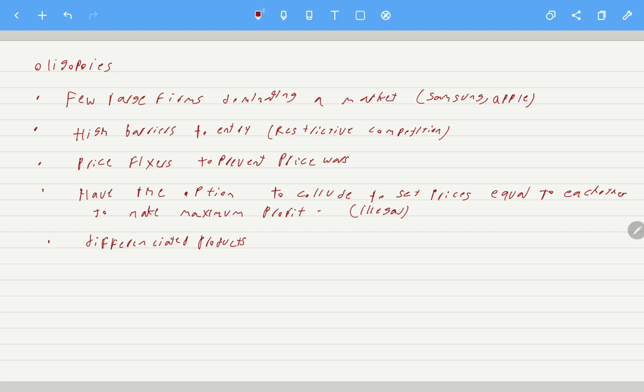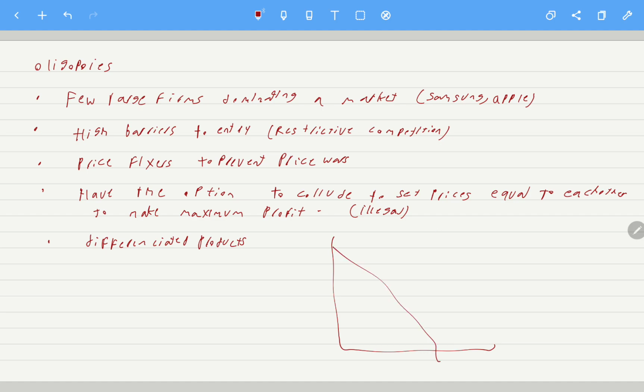Now, in the long run, I think these are zero economic profit. Again, yes, they are zero economic profit in the long run. But aside from that, they have the same graph as monopolistically competitive firms, where they make zero economic profit in the long run.